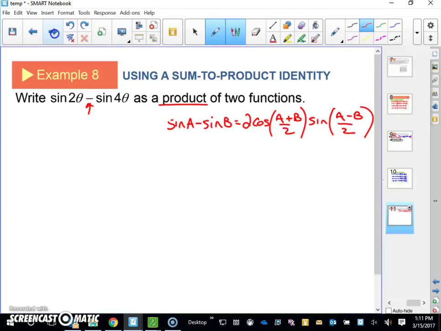It's all about pattern recognition. Can you find the right pattern or identity? And so when you're looking at this, again, I don't think you needed to write that down. You can do a lot of this in your head, but notice that A is 2 theta and B is 4 theta if we're looking at this pattern.